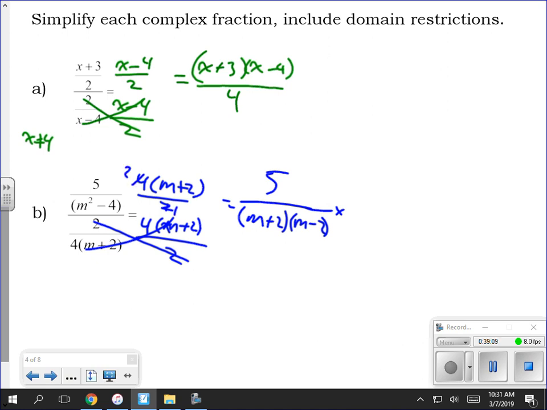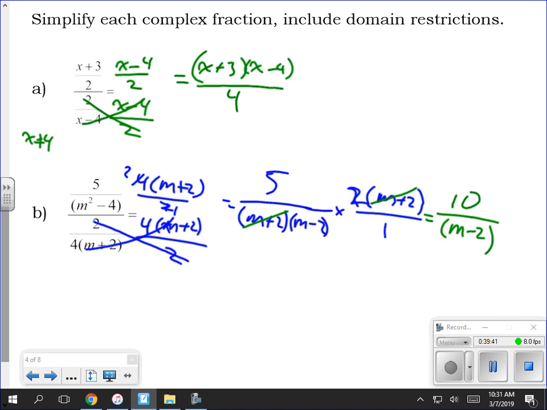So I get times 2 times m plus 2 over 1. That's what that ends up being, right? Because my 2 in the denominator went away. Cancel your m plus 2's. And I get 10 over m minus 2. That simplifies down.